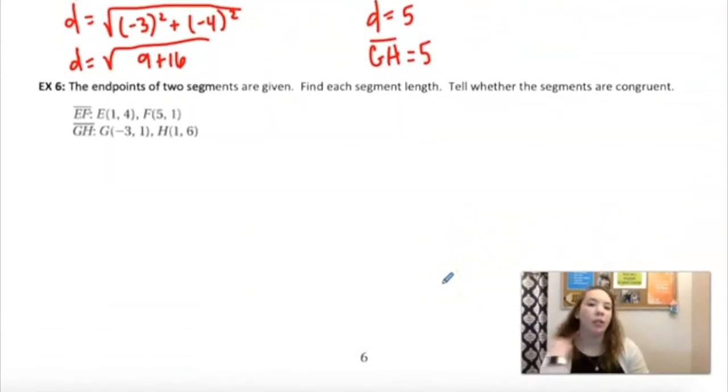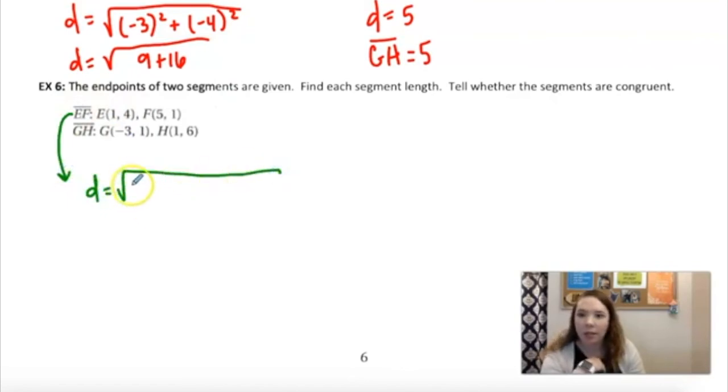All right, last one for today. The endpoints of two segments are given. Find each segment length. Tell whether the segments are congruent. So we will do our distance formula for each and then see if they're the same. So for EF, we'll do that one here. And really, you can even type this whole formula into your calculator if you want.